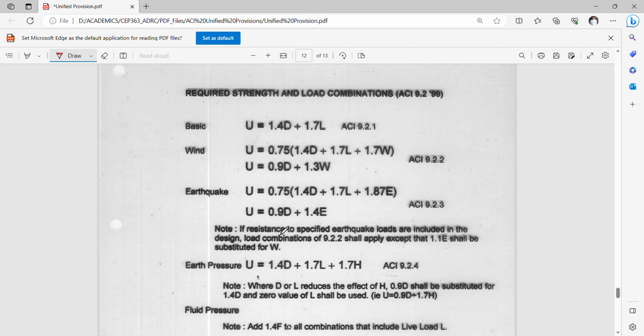We notice that this is the equivalent strength design method. We've been using the old codes, okay?